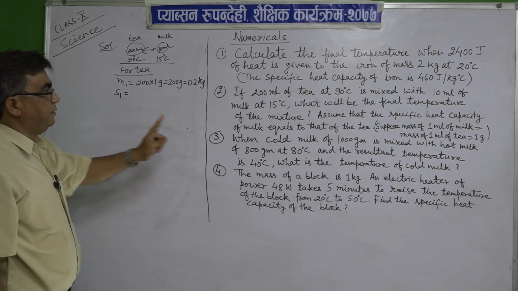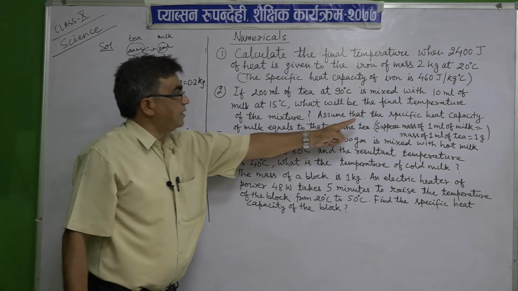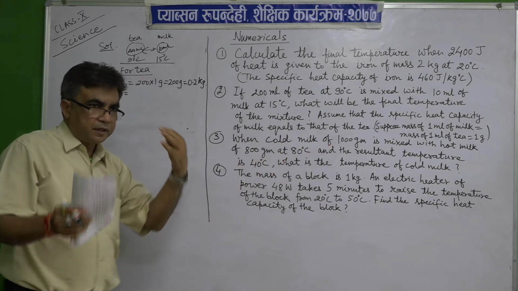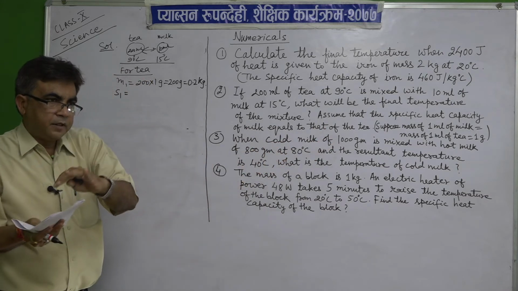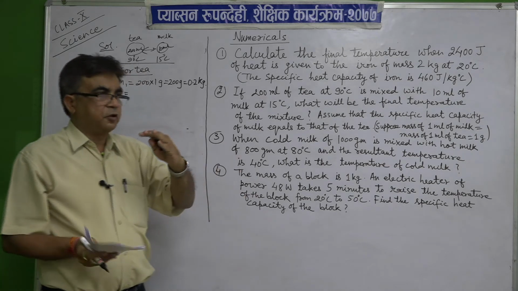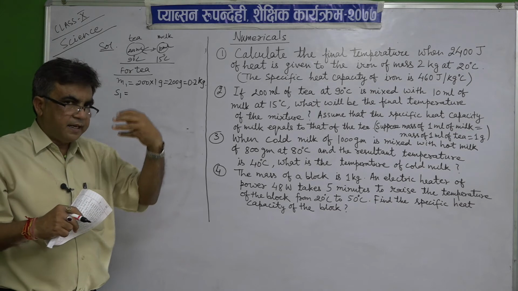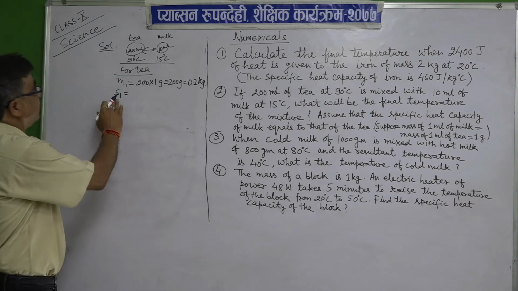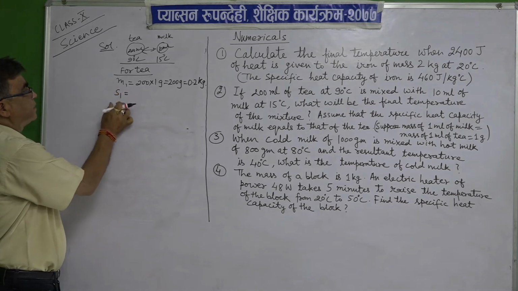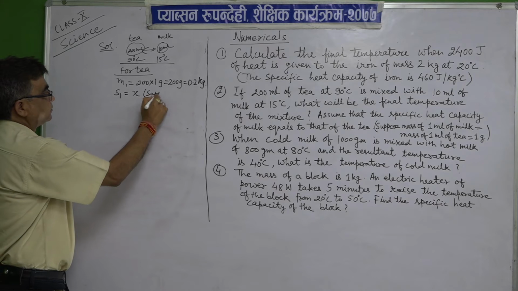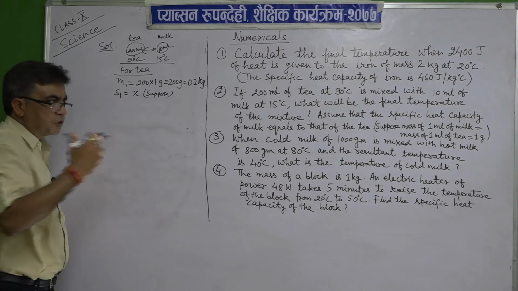is not given, but assume that the specific heat capacity of milk equals that of tea. So, if you suppose milk is X, then for tea also S is X. Here we suppose S1, the specific heat capacity of tea, equals X. You are supposing this, okay.